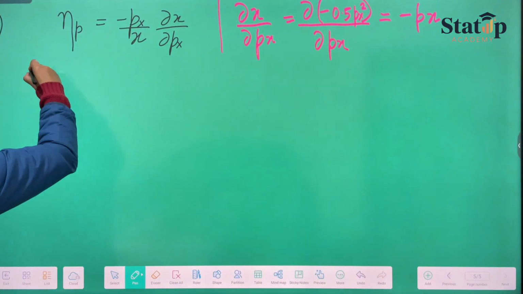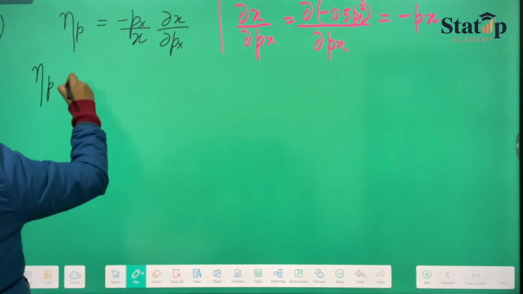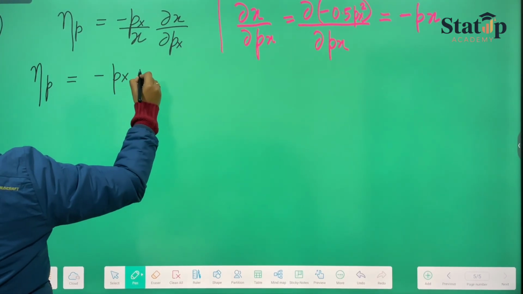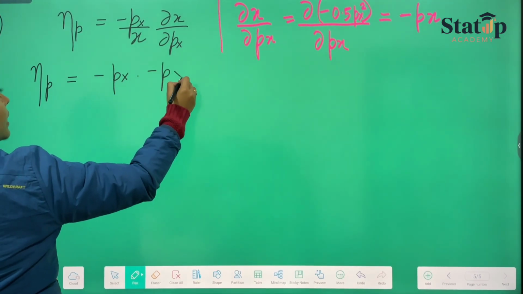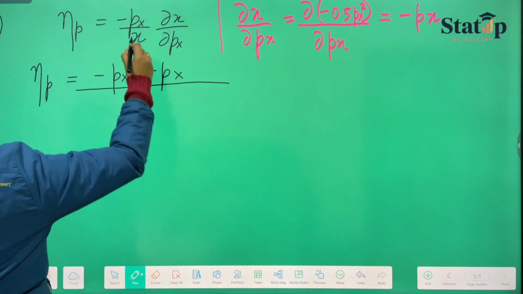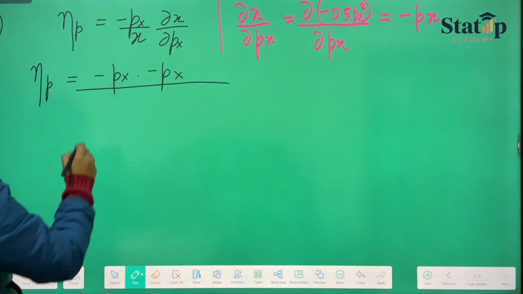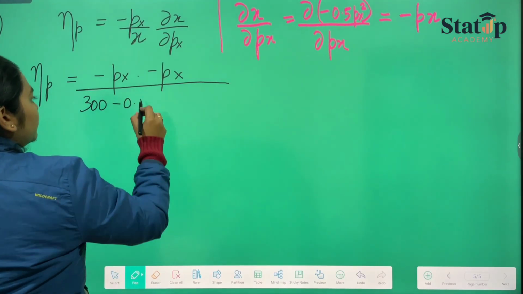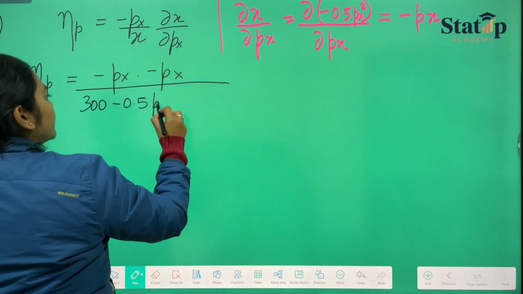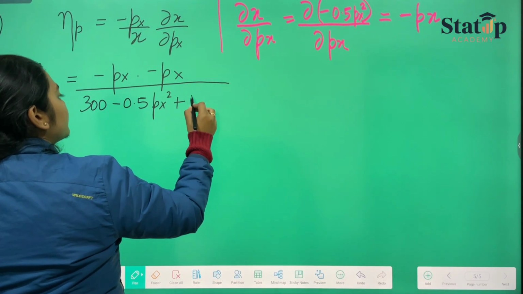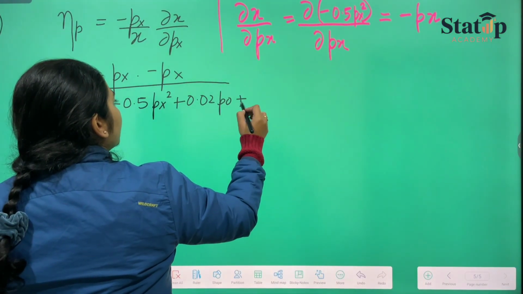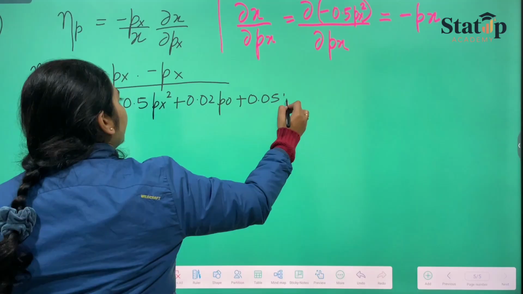So substituting the value, we will be getting minus px into minus px upon x, where the value of x is 300 minus 0.5 px square plus 0.02 p naught plus 0.05 y.